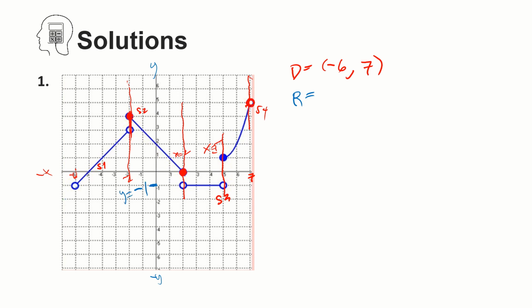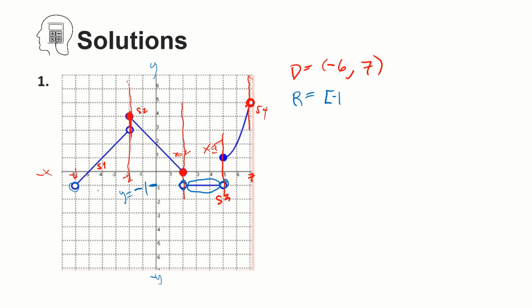Although in this section there is a hole at y is equal to negative 1, there is also a hole in this section, and another hole in this section. But if we look at this part of the graph, it includes negative 1. So therefore, negative 1 is an included value.